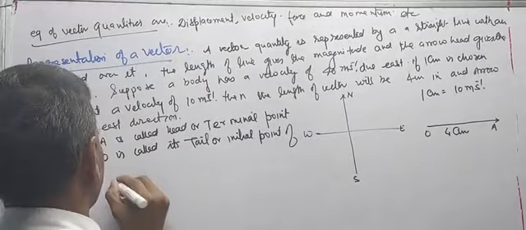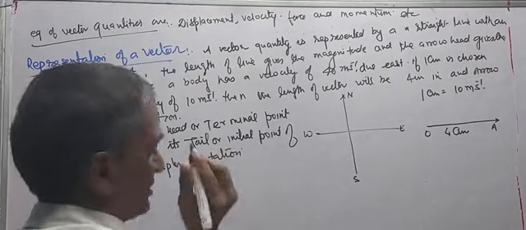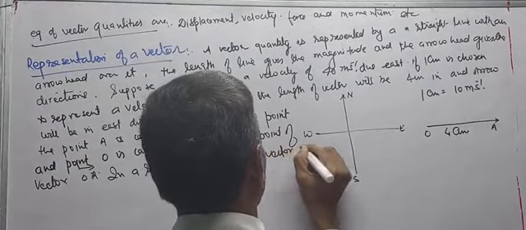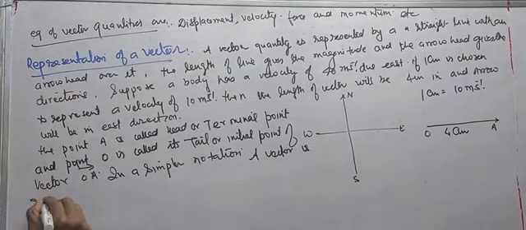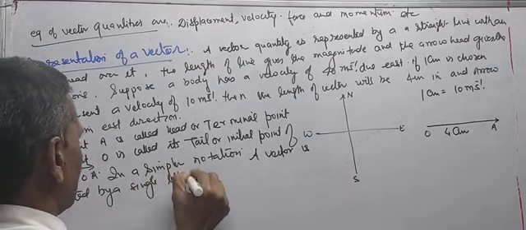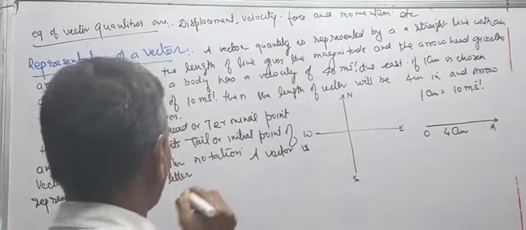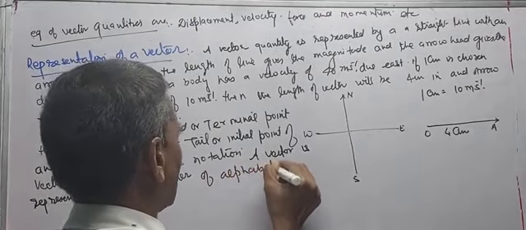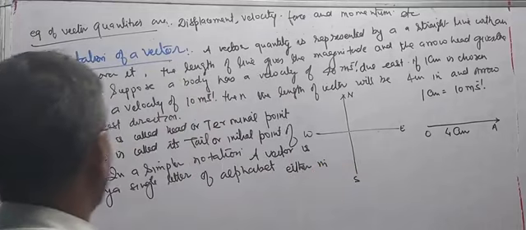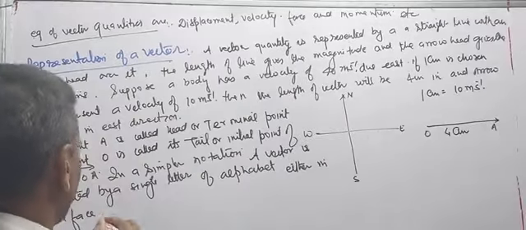In a simpler notation, a vector is represented by a single letter of the alphabet, either in boldface or with an arrow over it.